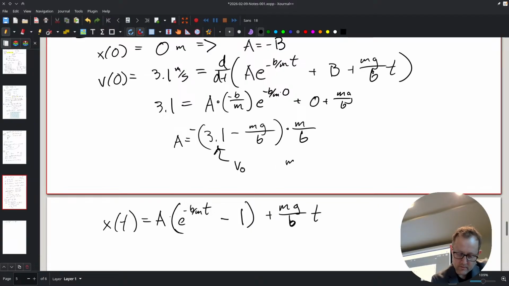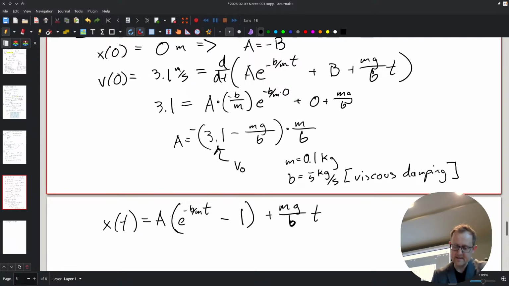G is a known, mass is a given, 0.1 kilograms. B is a known 5 kilograms per second. Like viscous damping. So we can plug in all those values and get to what's going on.